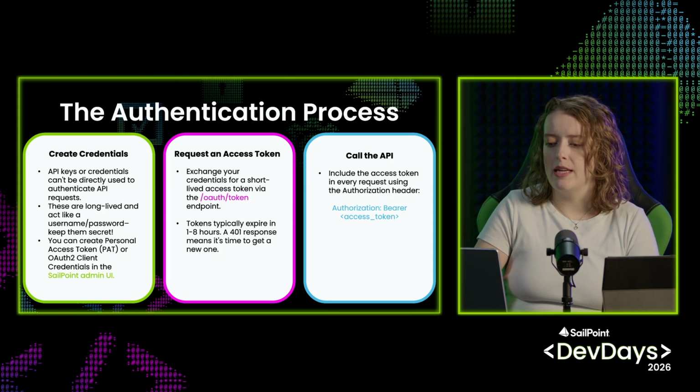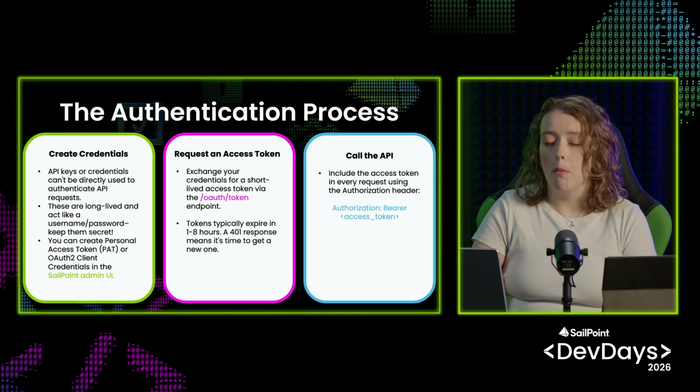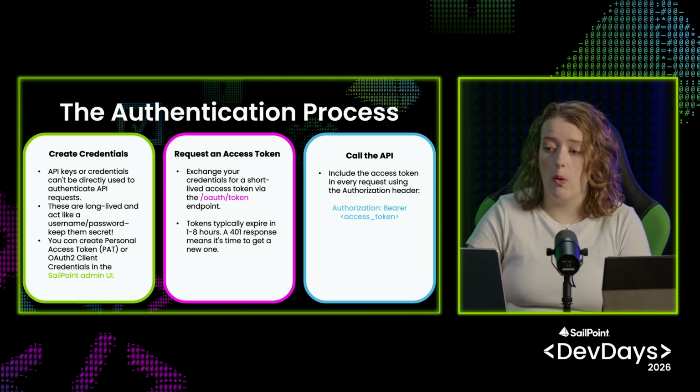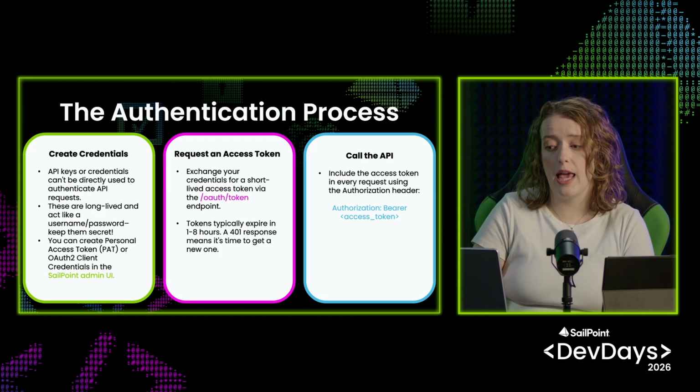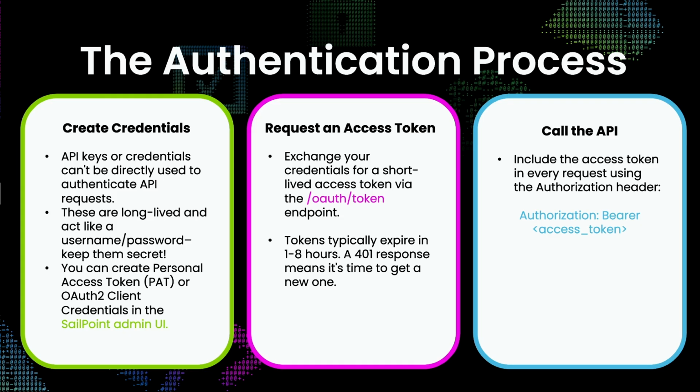Step 2 is exchanging credentials for a token. We can call POST to /oauth/token with your credentials, and you get back a short-lived access token. Or if we are using the Identity Security Cloud Postman collection, we can actually just enter our credentials and it will post automatically and get that token for you.